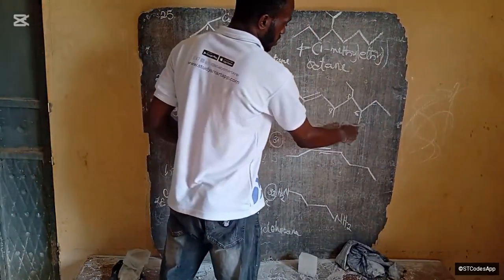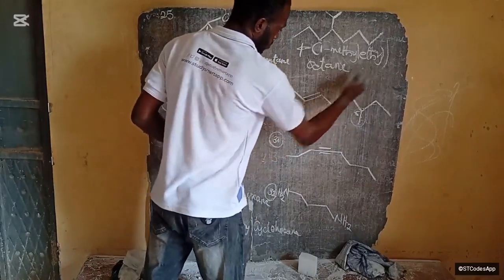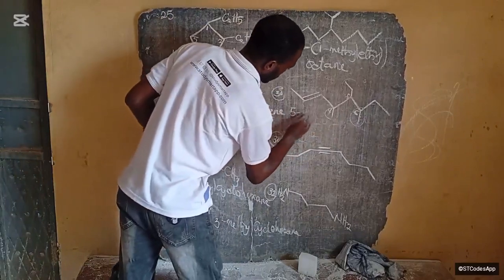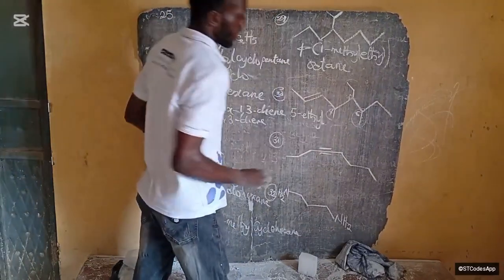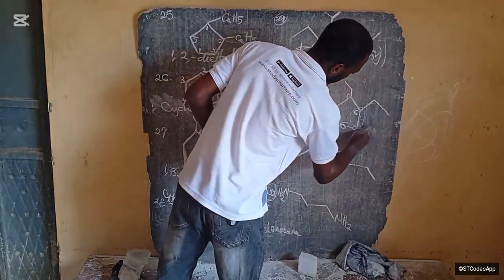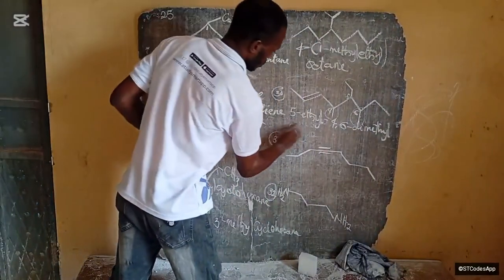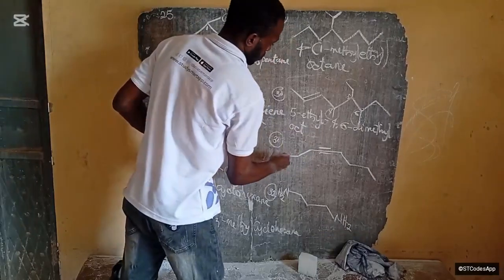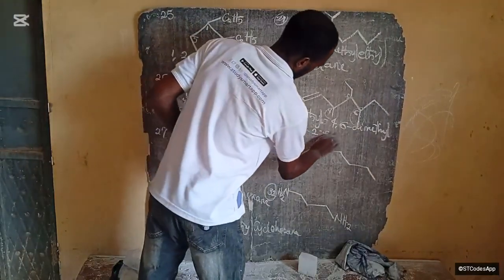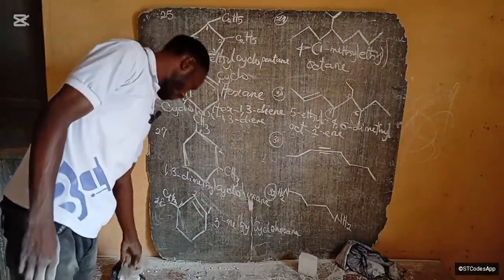Now this is methyl, these guys are the same, and this one is ethyl. So we have 5 ethyl, 4,6 dimethyl oct 2-ene. All right. So that's the name there.